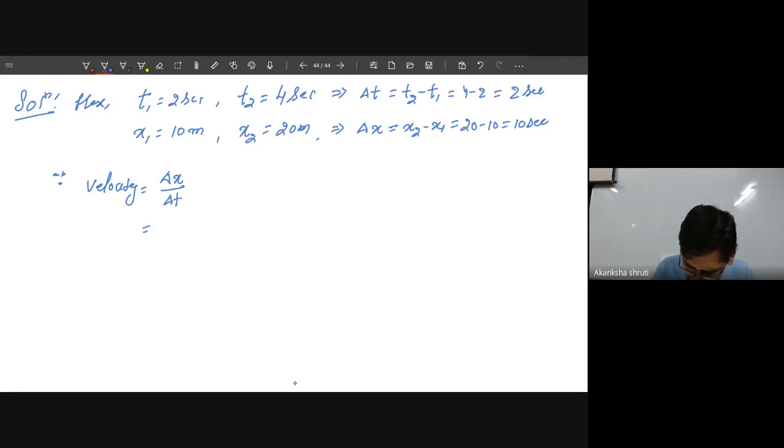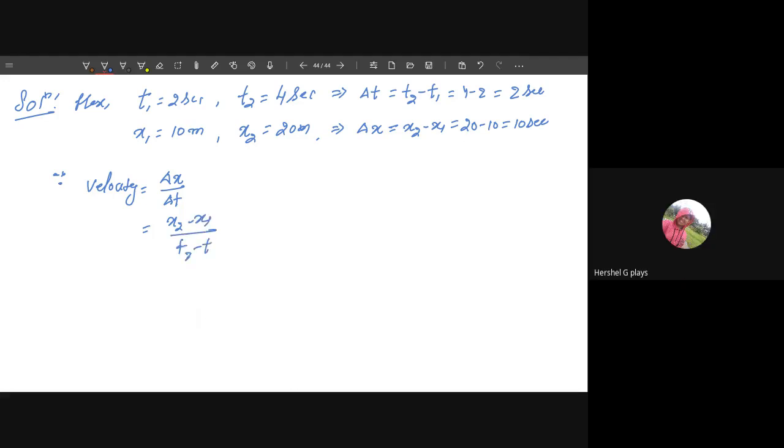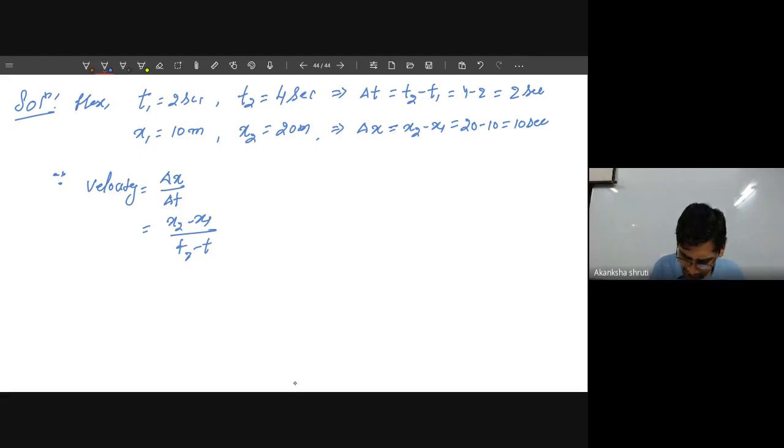Now the full form you may write as x2 minus x1 divided by t2 minus t1. If you wish, you may substitute x1, x2 here, or you may directly take 10 as delta x and 2 as delta t.